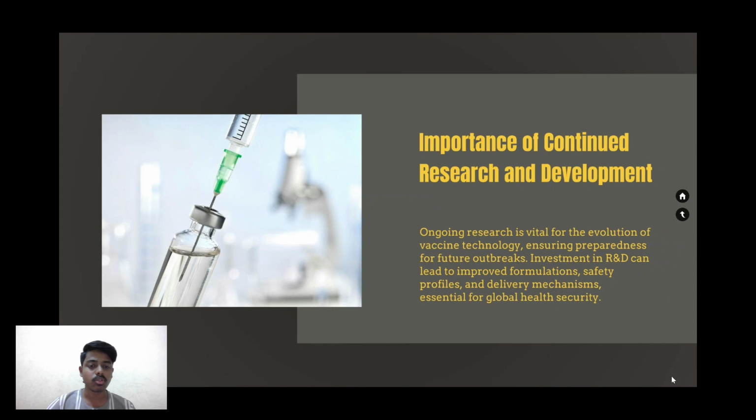Importance of continued research and development. Ongoing research is vital for the evolution of vaccine technology, ensuring preparedness for future outbreaks. Investment in R&D can lead to improved formulations, safety profiles, and delivery mechanisms essential for global health security.